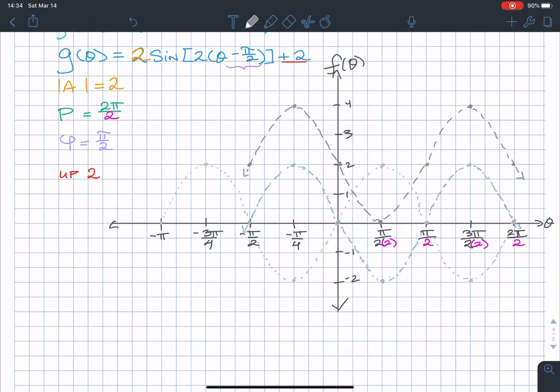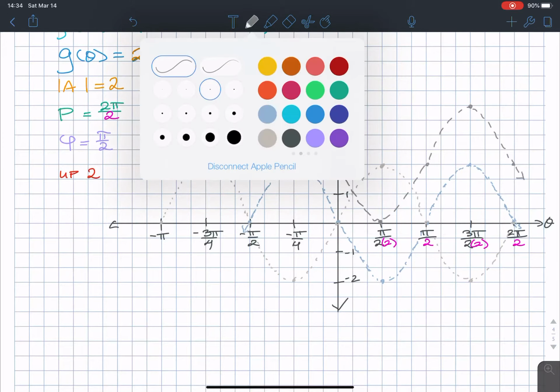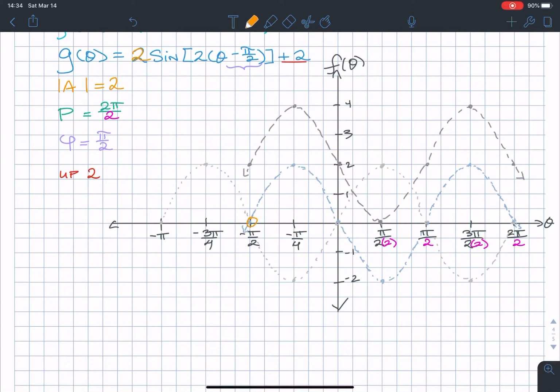Okay, but remember, vertical shift doesn't change the asymptotes. So the asymptotes are where, after the horizontal shift, I intersected the x-axis.